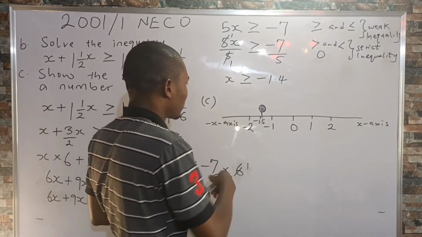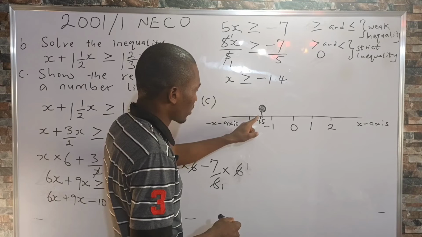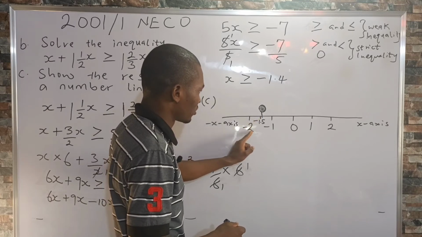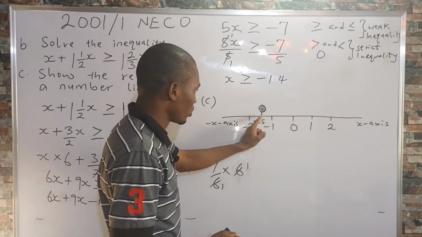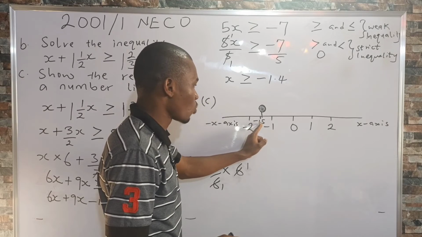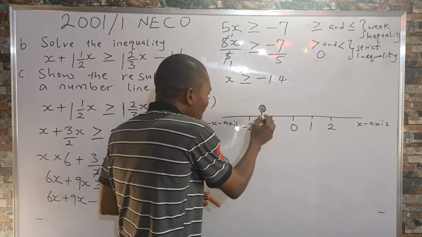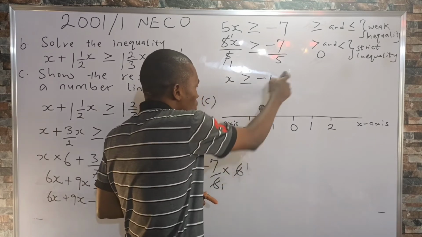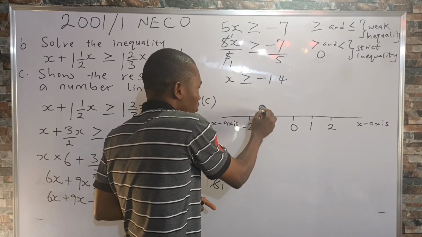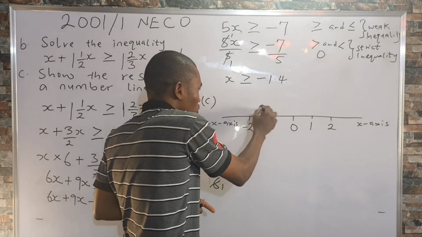So having known that, remember I said prior, this is our central point in between negative 2 and negative 1. So in between it, we have negative 1.5. And then before negative 1.5 lies the point of negative 1.4. Then I will trace it up and shade it.